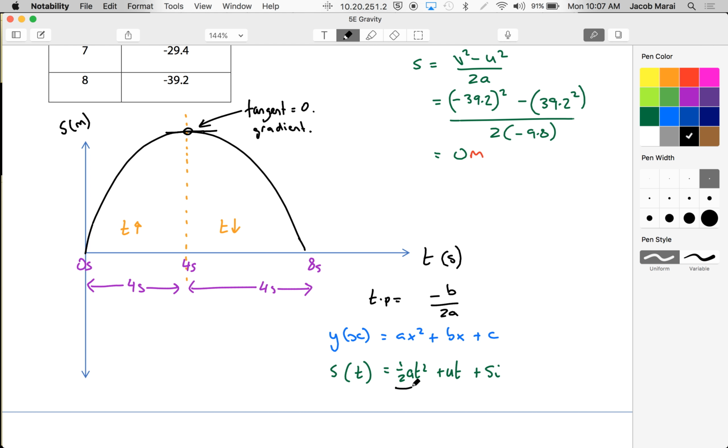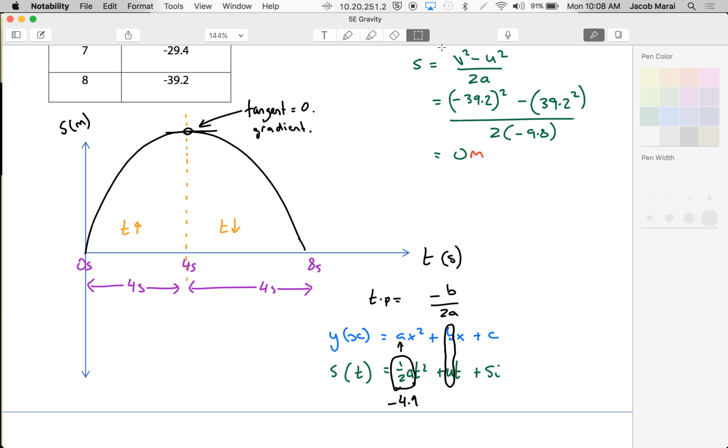Now, our a coefficient, remember from our motion capture activity, what are we expecting our a coefficient to be? Negative 4.9. And now let's consider our b coefficient. That's the initial speed. Okay? So this is maths talk. I'm going to color code this.